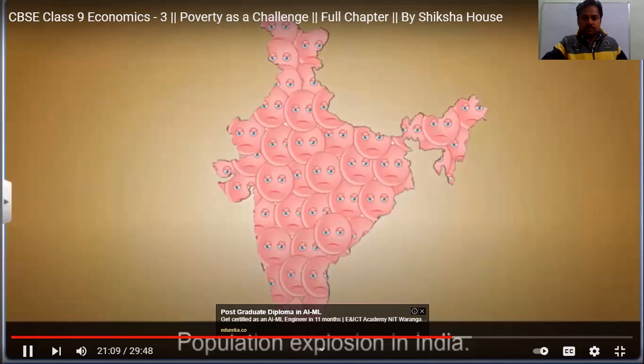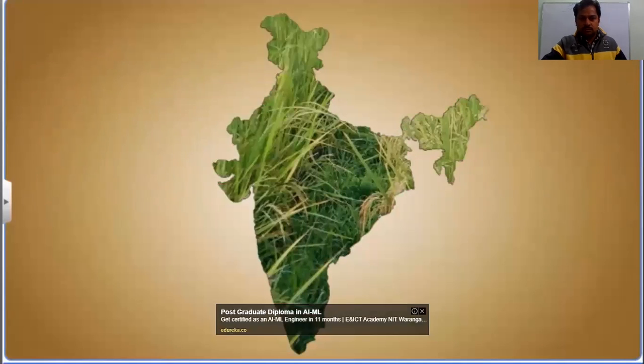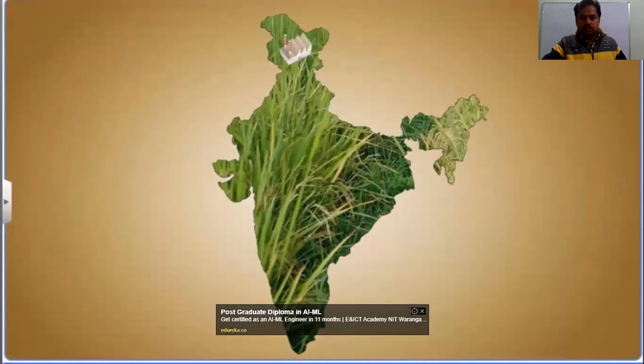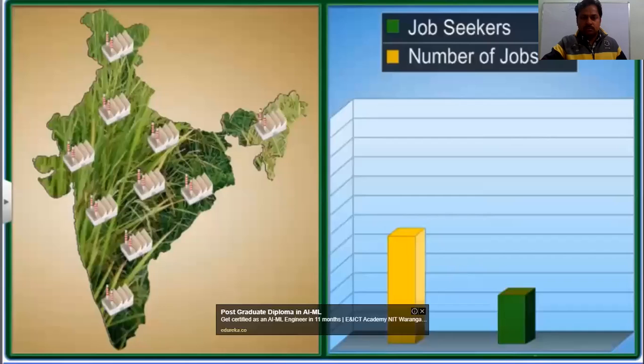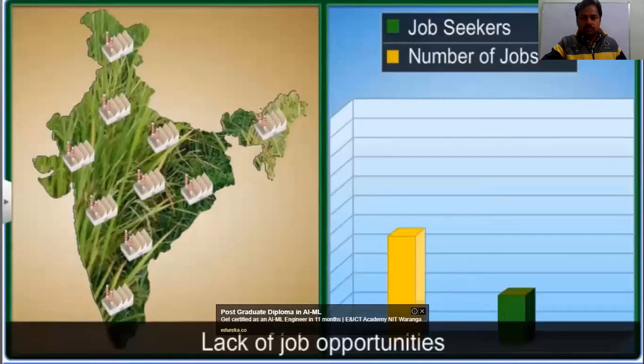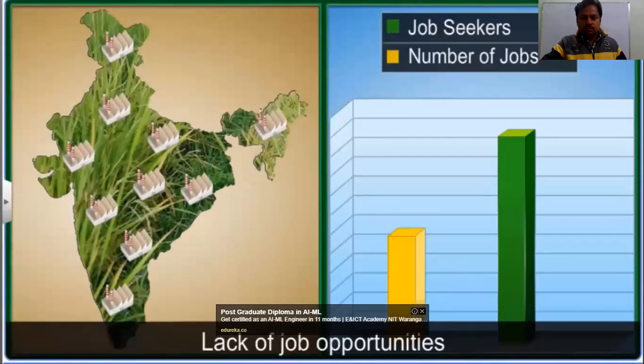Post independence, the Green Revolution and the Industrial Revolution created many job opportunities in India. However, these were not enough to provide employment to all job seekers. Thus, unemployment also contributed to poverty in India.